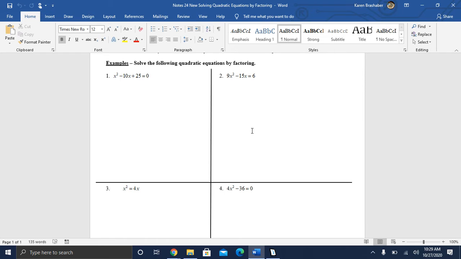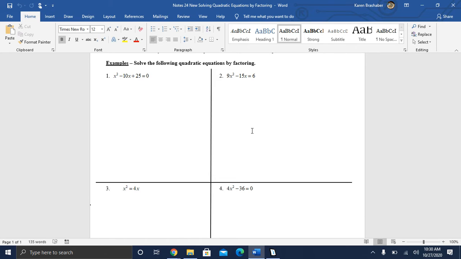And since I have three terms, I'm going to identify A, B, and C. So A is 1. Remember, that's the number in front of the x squared. B is negative 10. And C is 25.